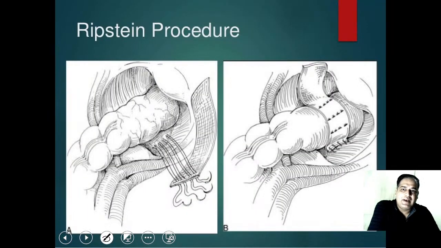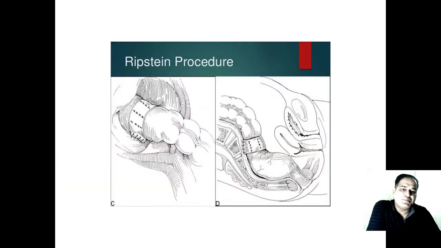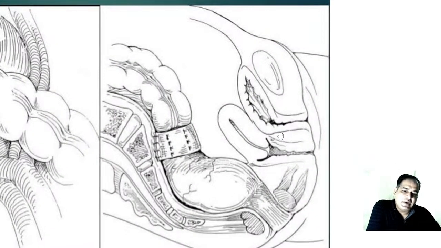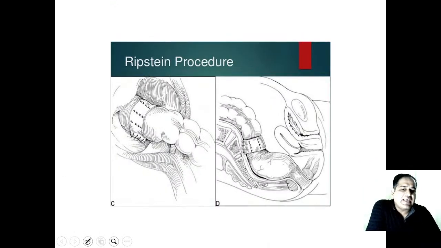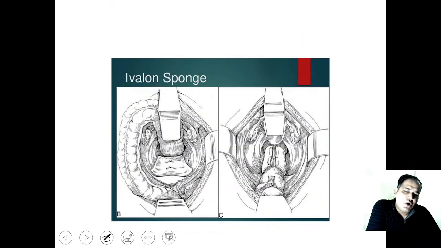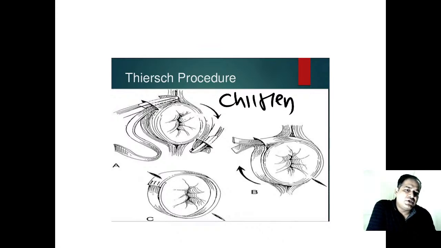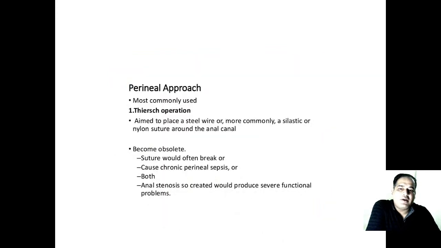The rectum will be pulled back into the abdomen and then fixed to the sacral wall like this, so that it cannot go out. This is Ripstein operation. This is the Thiersch wiring procedure which is done in children.